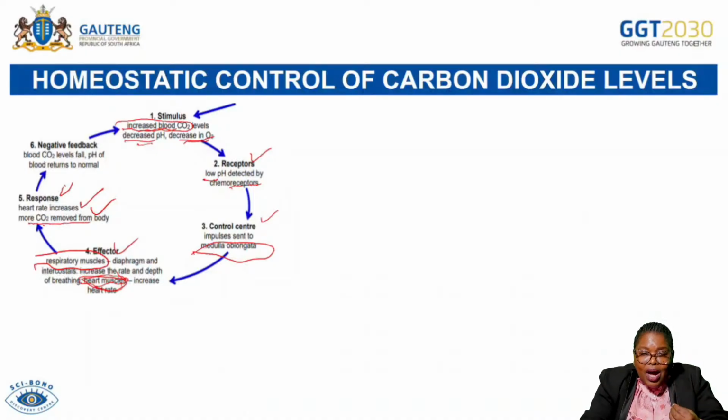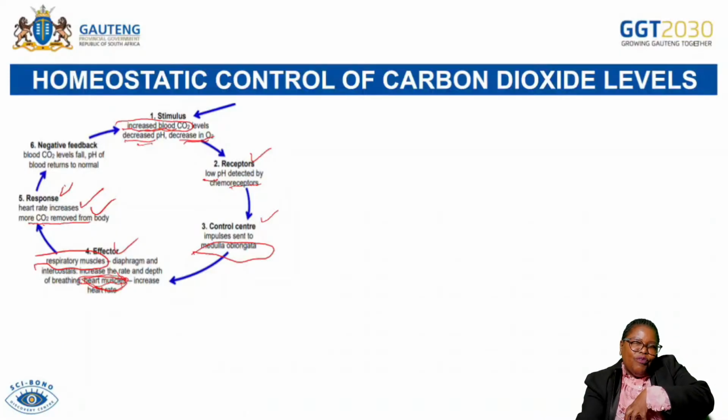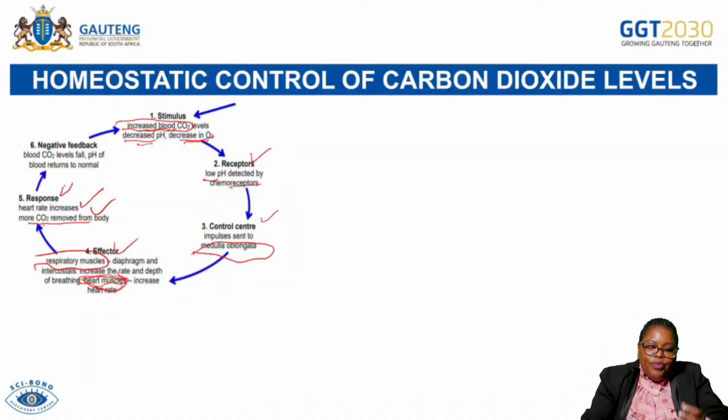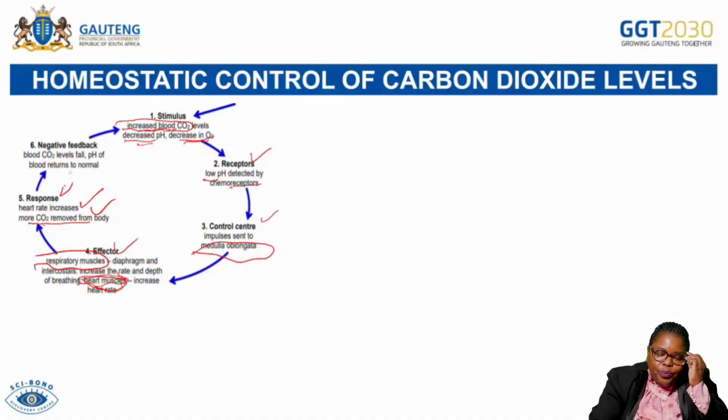If more carbon dioxide is removed from the body, because you had more of it in the body cells, what is going to happen? For the negative feedback mechanism to happen, blood carbon dioxide levels will fall. Remember, the blood carbon dioxide was high.